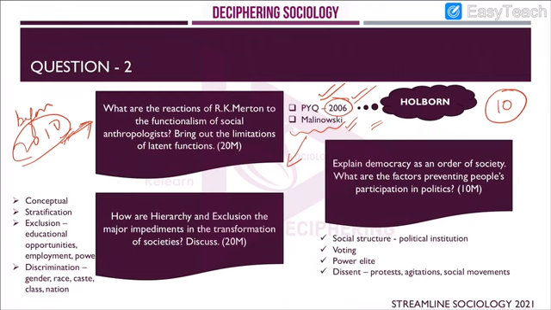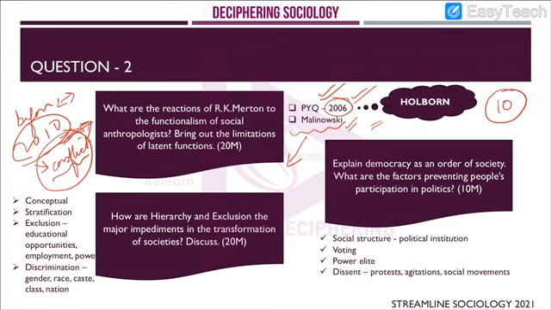But Merton said that we were being too rigid. We were leaving no scope for any conflict, or for what happens if there is a difference in function. What happens if the function of the school which was there previously, the function of education, has changed? So we should leave some scope for change also. This is what Merton tried to say.